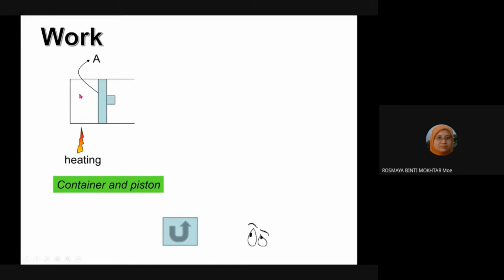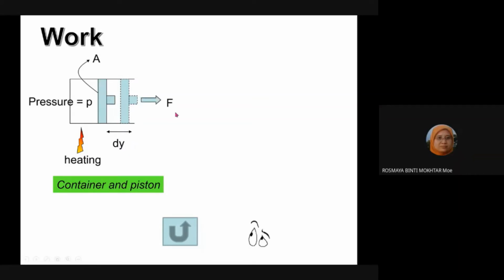To maintain the pressure P, the piston will move up. Let's say the distance moved is dy.